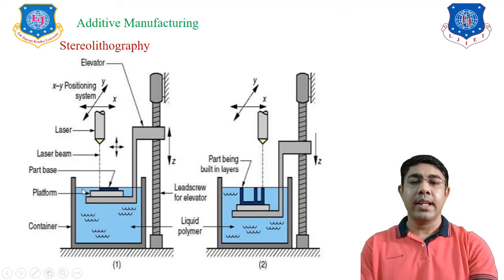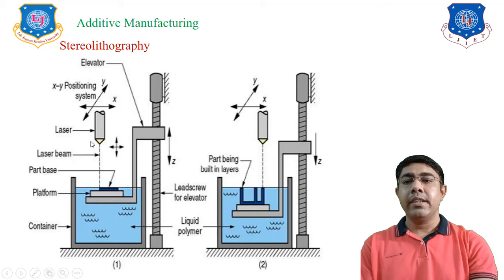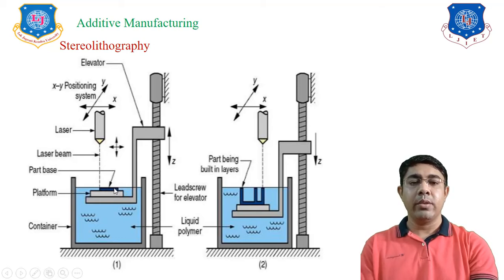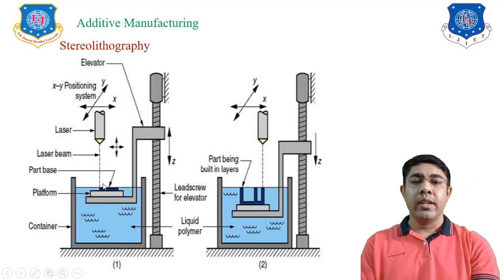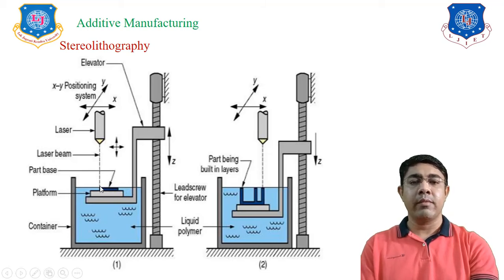The liquid polymer fills that thickness, and when the laser is fed onto the liquid polymer according to the cross-sectional area of the first layer, polymerization is done and the first layer of the component is manufactured.